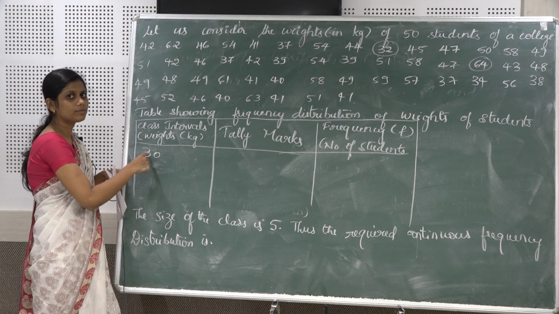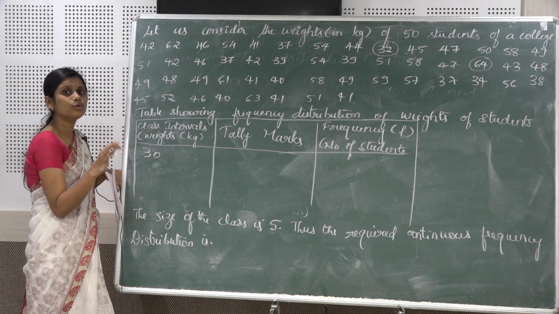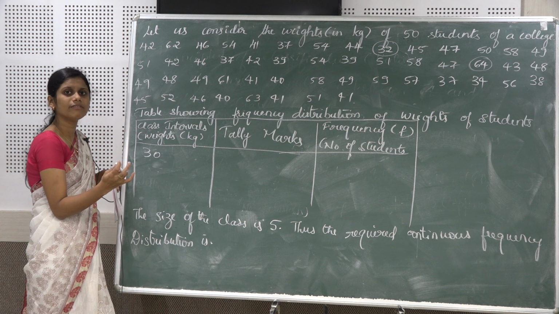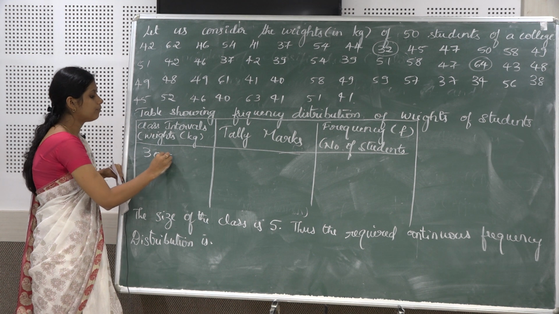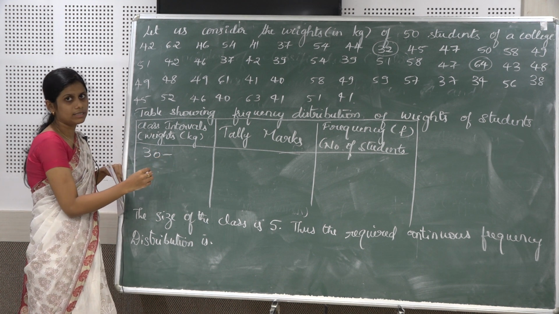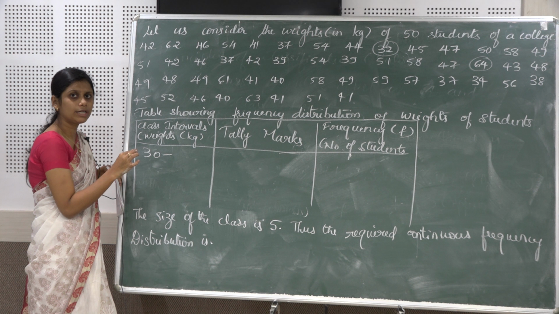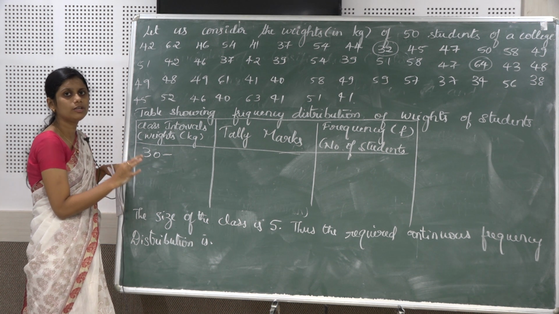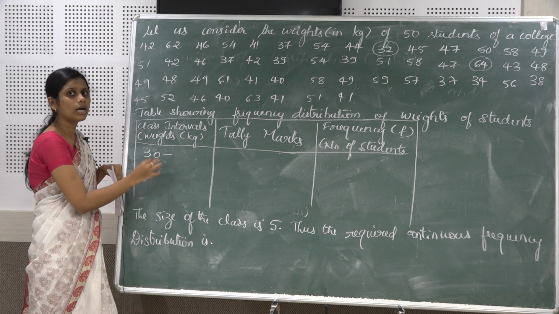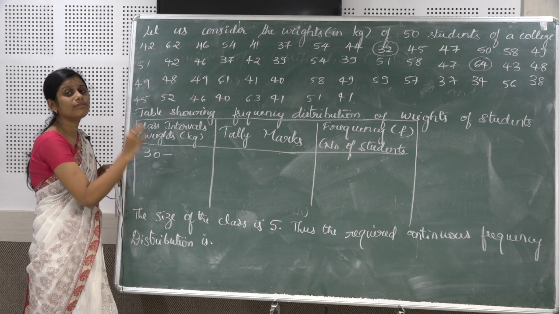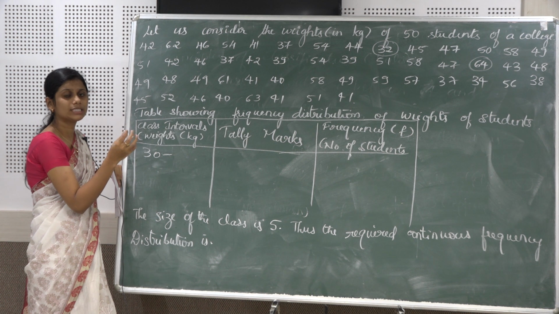Starting from 30 we include 5 units in one class: 30, 31, 32, 33, 34. We are going to frame exclusive class intervals. In the principles I explained that as far as possible you have to frame exclusive class intervals. In an exclusive class we consider the lower limit but not the upper limit.